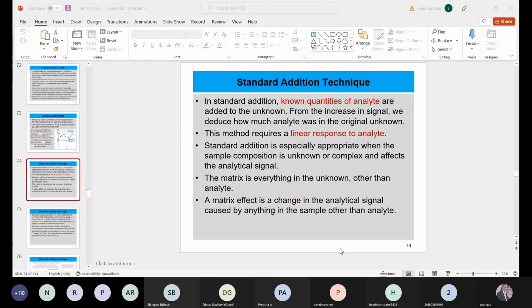The standard addition point is not that clear. You are Kiran, right? I am Saloni actually. Okay, Saloni. Can you repeat it? Which part, quality control charts or standard addition? The standard addition technique, please repeat. Okay, I'll repeat. Sure.